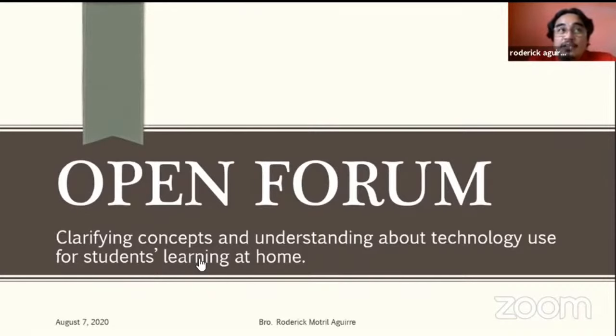Might as well start making some exemplars, probably for the first 2 weeks or for the first month of the first quarter. I'm sorry, but that's the only answer I can give you at the moment. But rest assured that the Department of Education Central Office is doing their best to finish the modules on time.